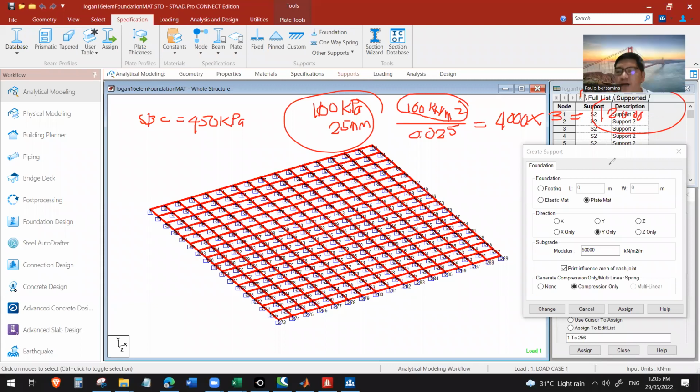Okay, so yung mga matitigas talaga na lupa, you can get as much as 20,000 pa kilonewton per cubic meter na subgrade modulus.